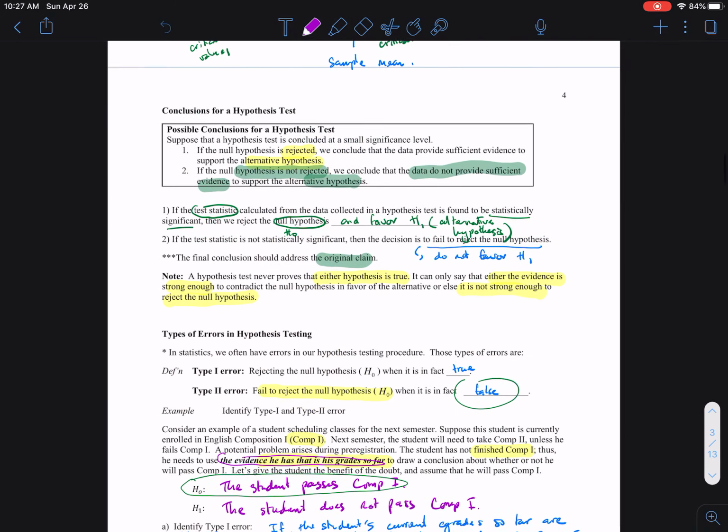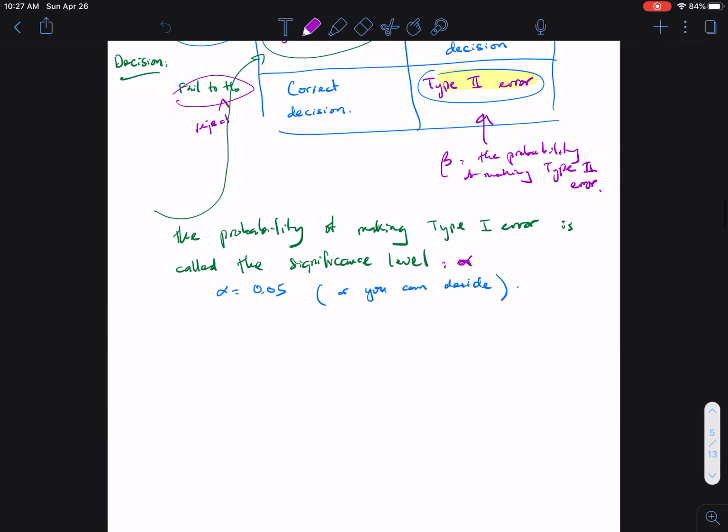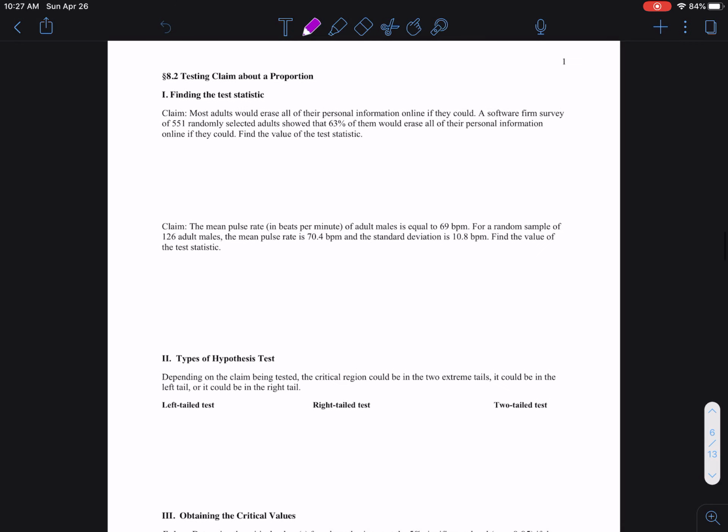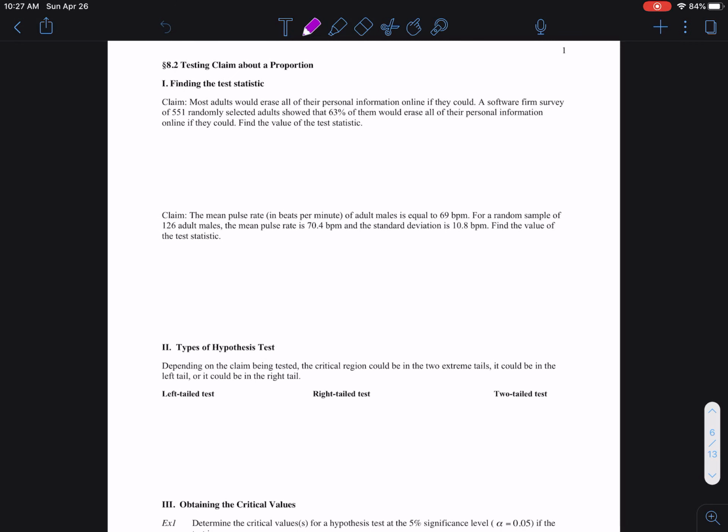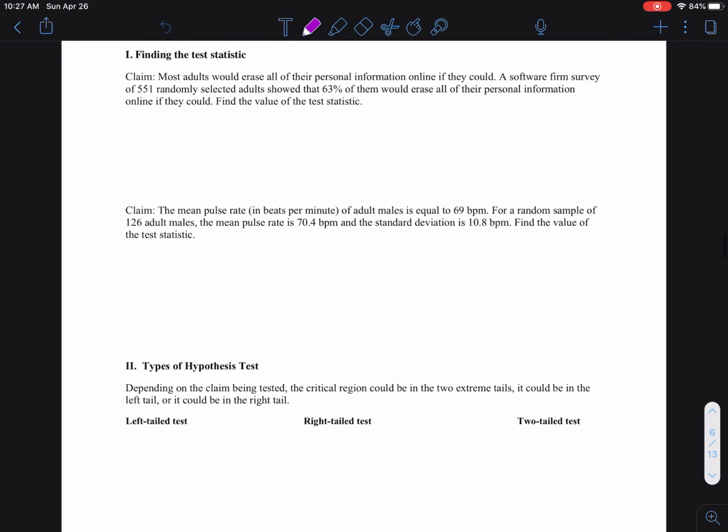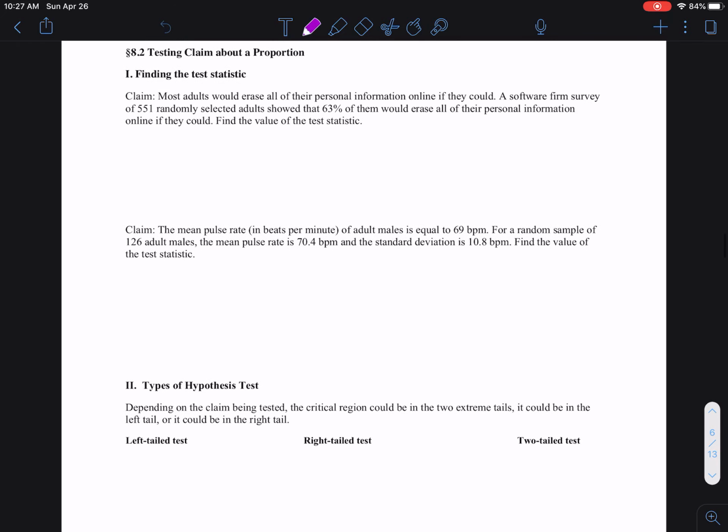In 8.2 we're going to get into the body part, which is the second part, and do a little more math, using what we learned so far in chapter 6, normal distributions, to find the z-score, p-value, all that stuff. And then we finish up this lesson with an example of hypothesis testing. Okay, so let's start with this first example, finding the test statistic.